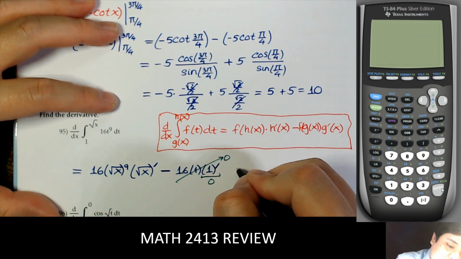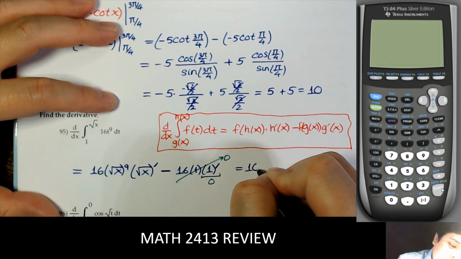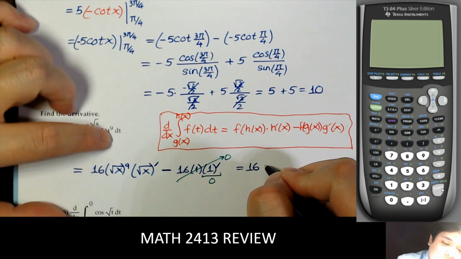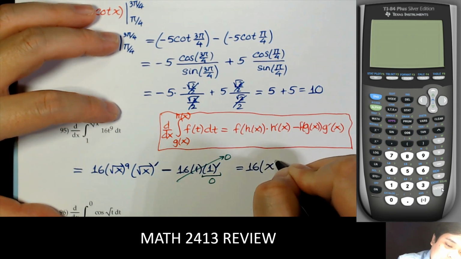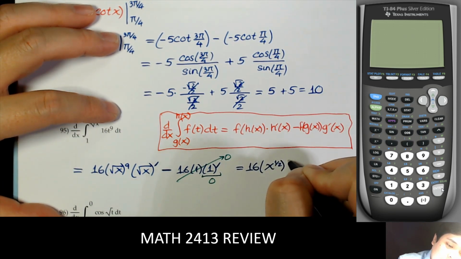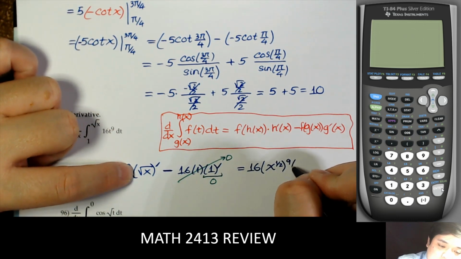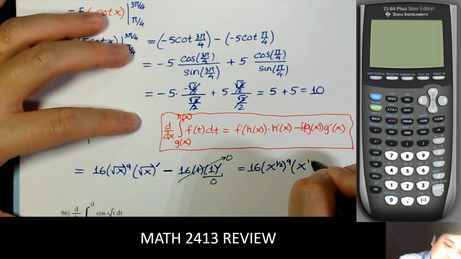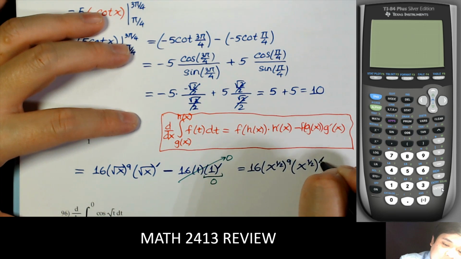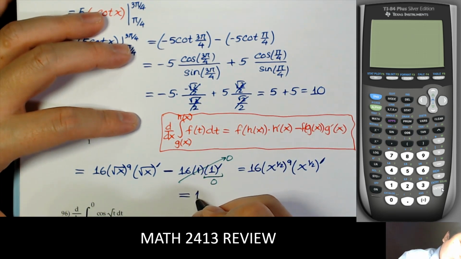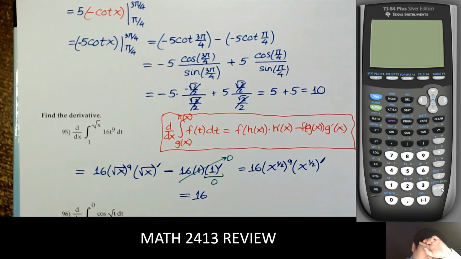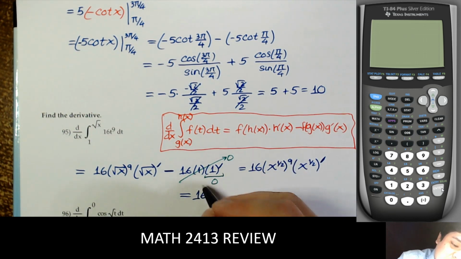Right. Now, 16. X square root of x I write as x to the 1/2 to the 9 power, and square root again I write x to the 1/2. Don't forget we still have the derivative. That gives us 16 times x to the 1/2 times 9, x to the 1/2 to the 9 power.